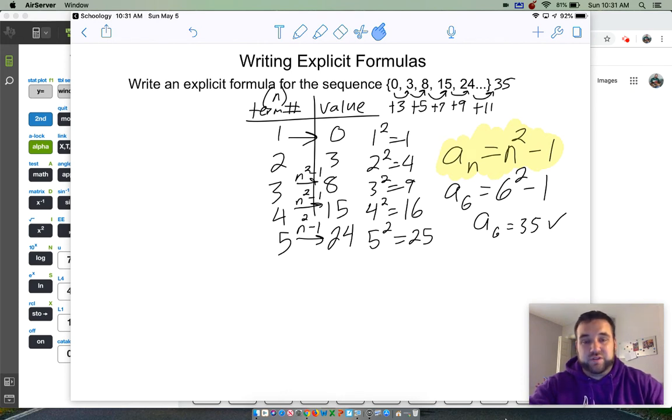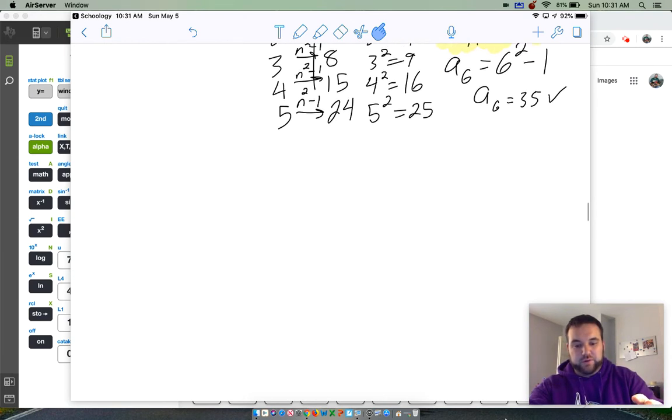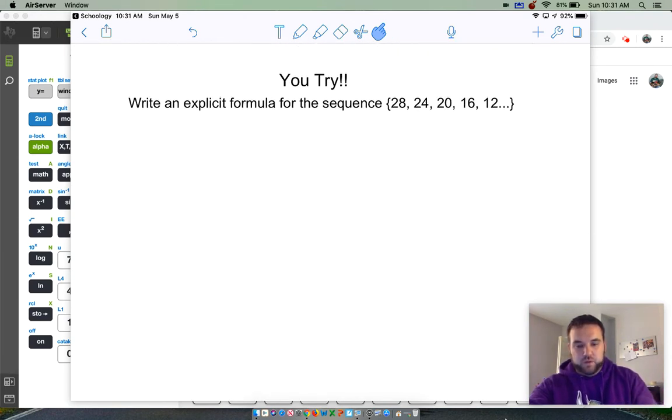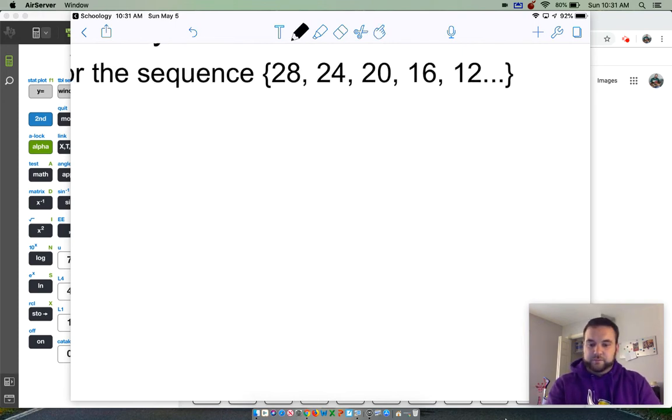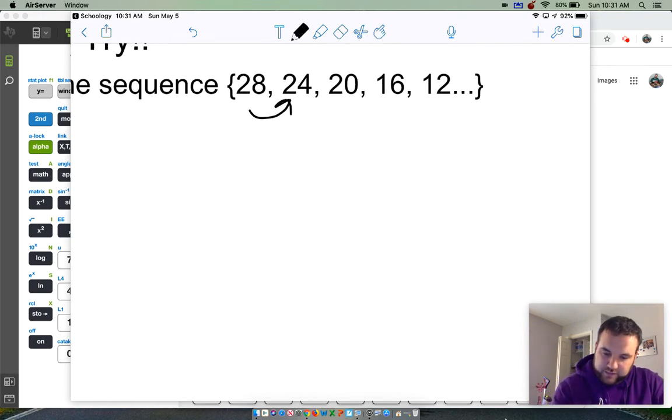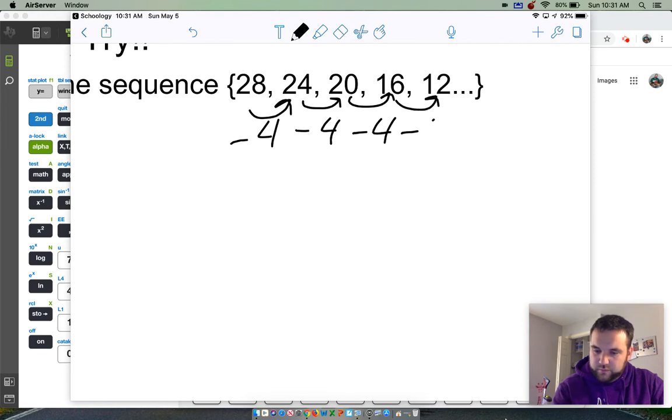But sometimes if you're just given a sequence of numbers, you have to just play around and see what you can find. So go ahead and see if you can figure out a way to write an explicit formula for this sequence. I see that I'm subtracting 4 repeatedly, minus 4, minus 4, minus 4, minus 4.